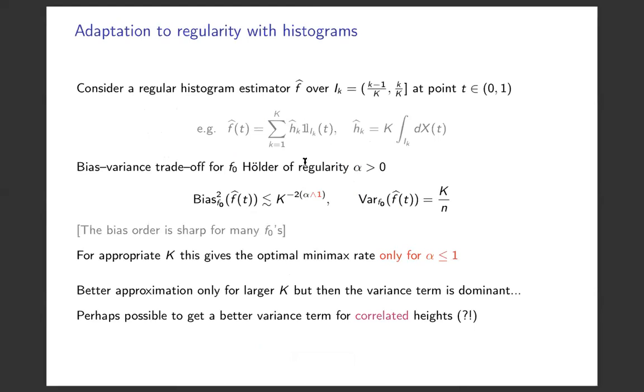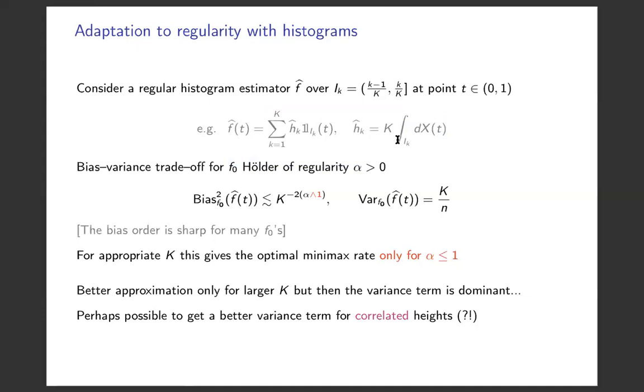Let's suppose you are in the white noise model, and suppose you want to use a histogram. The easiest thing you can think of is you just split your unit interval into capital K pieces, and you just take a regular histogram estimator, and on each piece you just average the data. So here is just maybe a slightly fancy formulation.